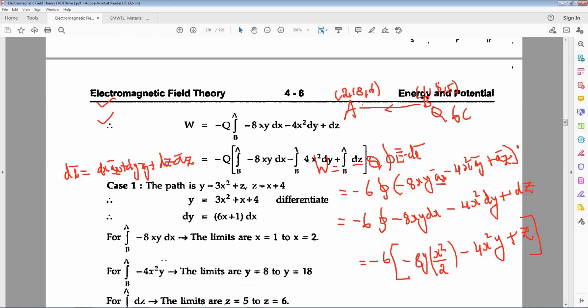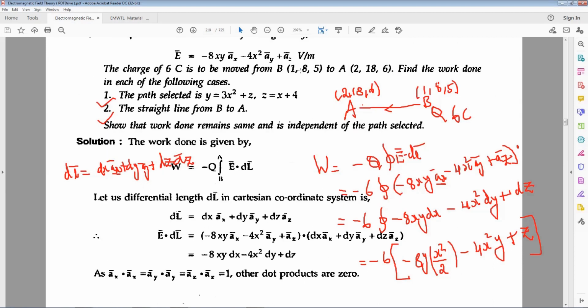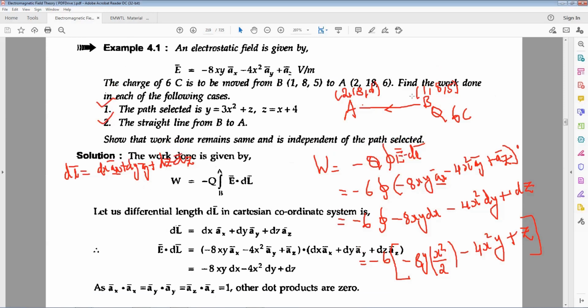The integral from B to A of minus 8xy into dx has limits of x values. What are the limits given? X is from 1 and 2, y is 8 and 18, and z is 5 and 6.